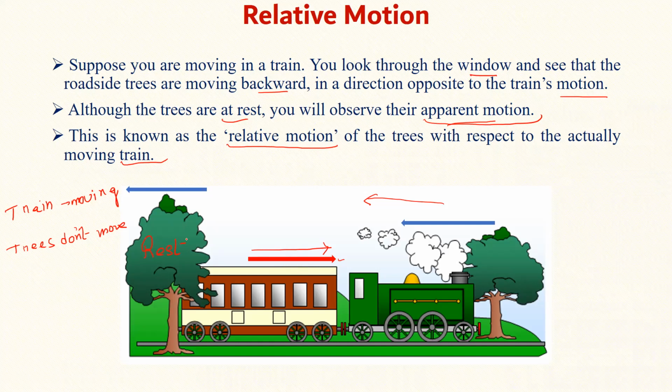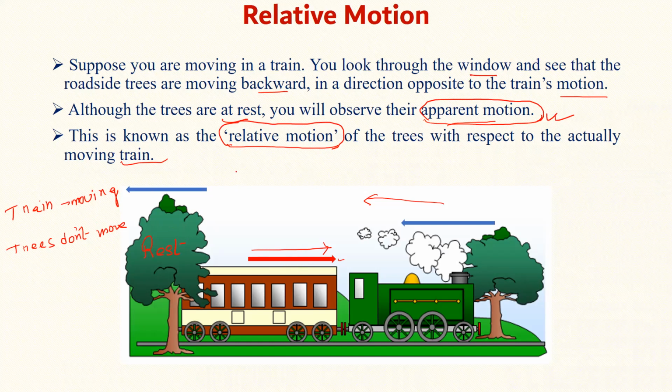So the trees are said to have apparent motion. Apparent motion means some motion which is not actual, but it seems to us that the motion is present. Those type of motion is known as apparent motion.